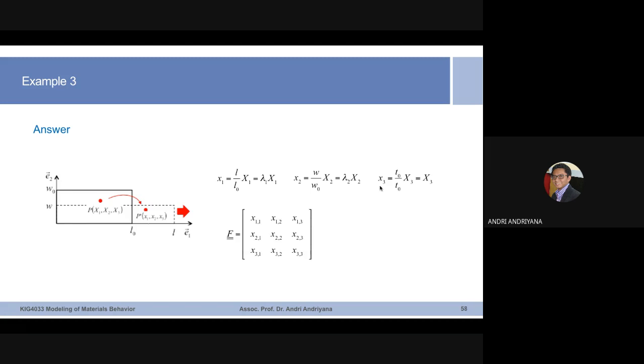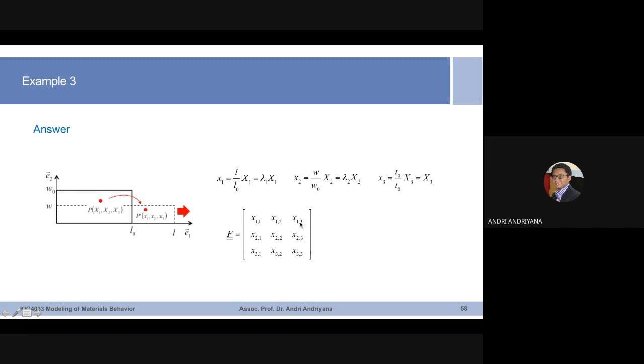Okay. So for instance, for this one, I need to differentiate small x1 with respect to large X1. For this special case, it depends only on large X1, so it becomes lambda 1 here. Here I need to differentiate small x1 with respect to large X2, but it does not depend on large X2, so it will become 0. Similarly here, it does not depend on large X3, so it will be 0.